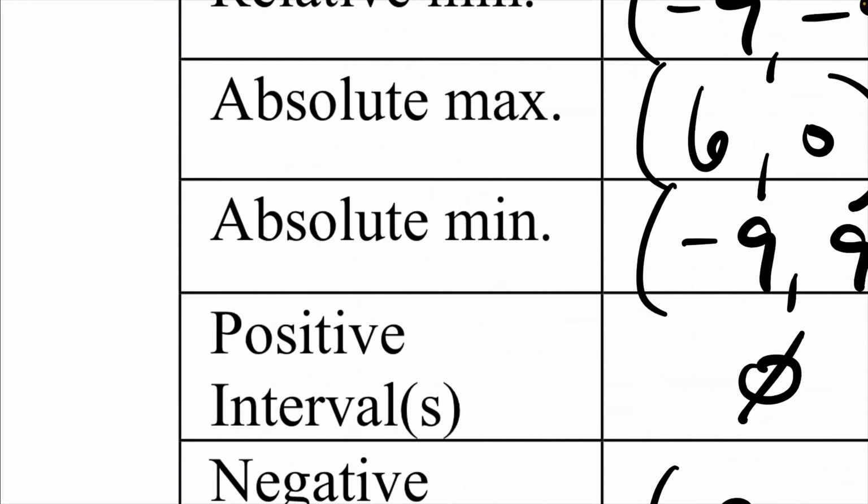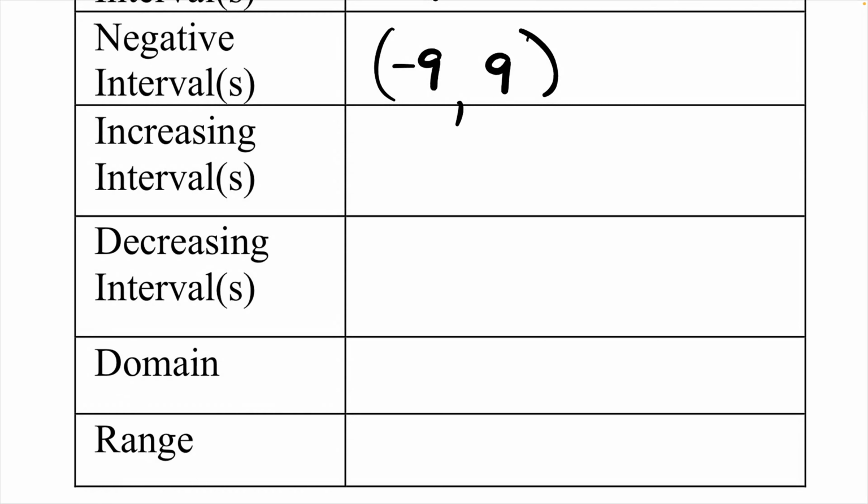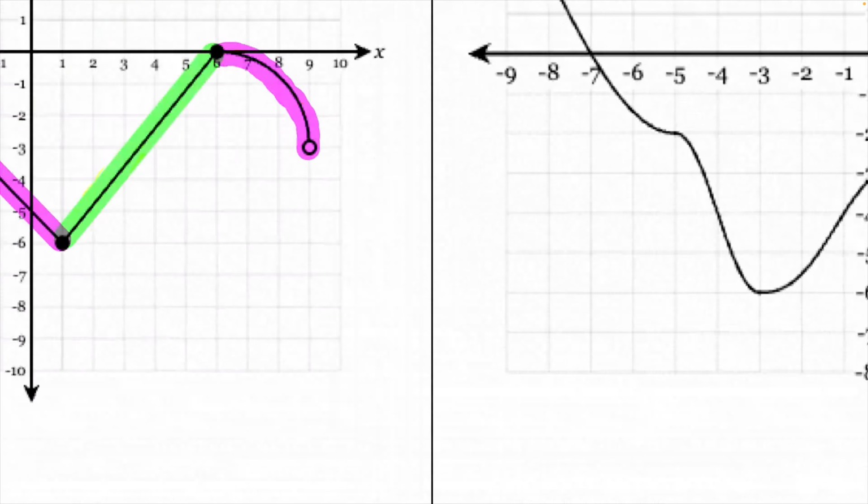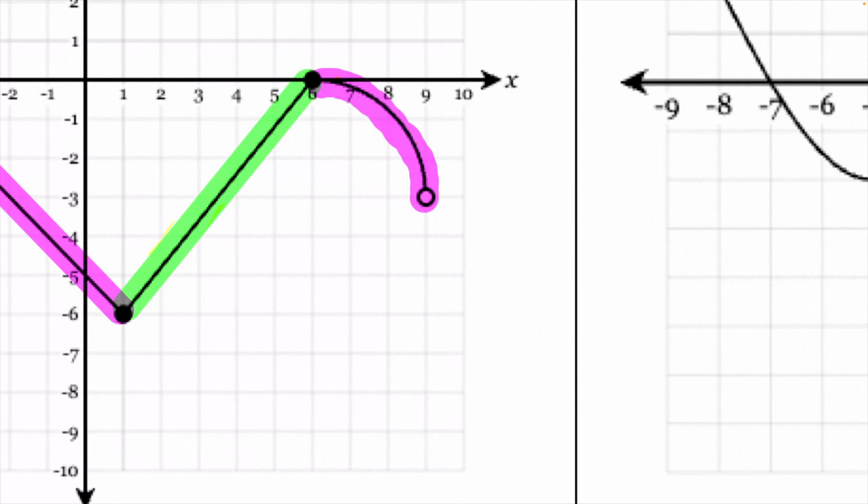So let's go write that down. -9, comma, -4. There was another spot that I was increasing as well, right? Which x value did I start increasing? Again, 1, right? And when did I stop? 6. So I'm going to put 1, comma 6.